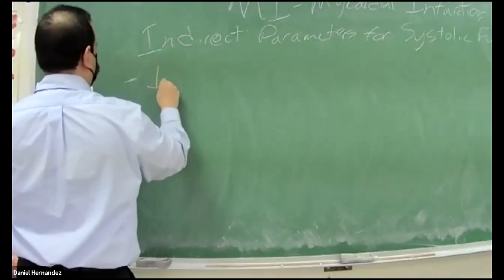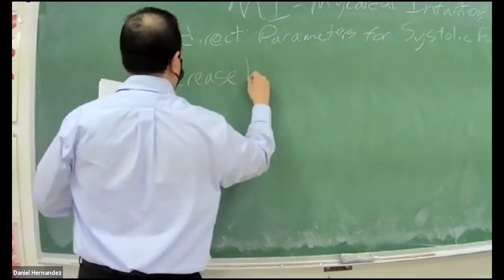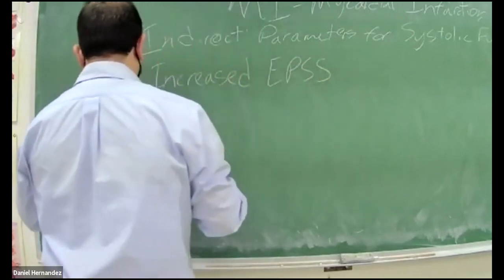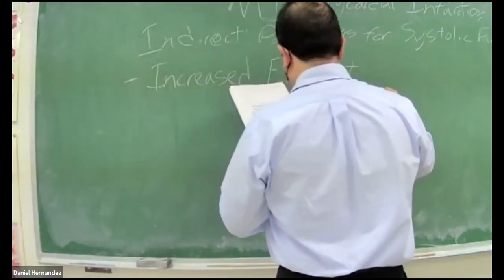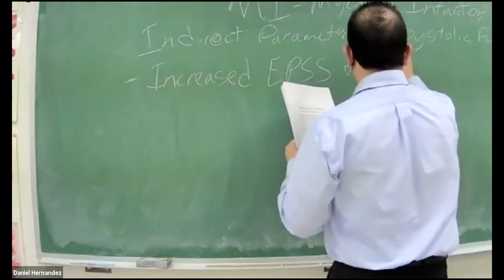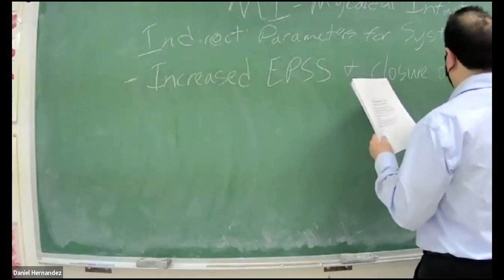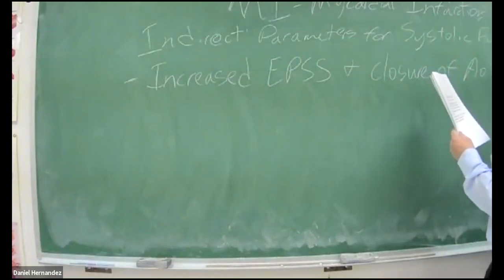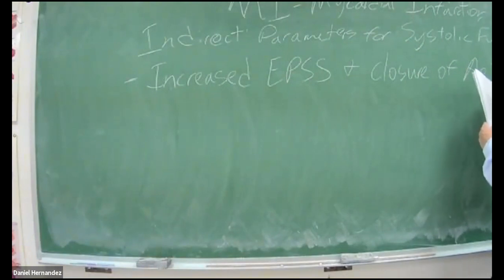So this would be your increased EPSS, and closure of the aortic valve during systole.